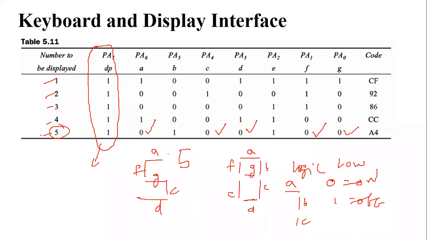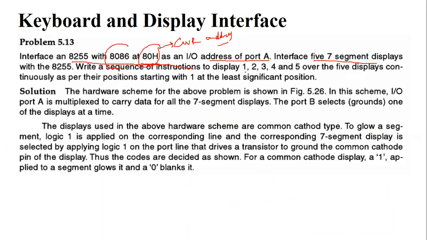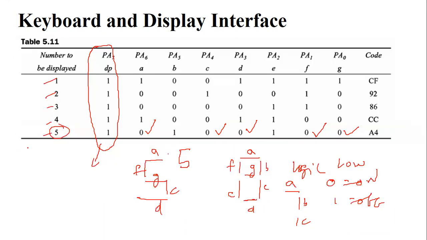So that is 5. You may also want 6, 7, 8. For this one I can mention only 5, but the problem may ask to show 1, 2, 3, 4, 5, and 6, 7, 8, 9 and 0 are also there.